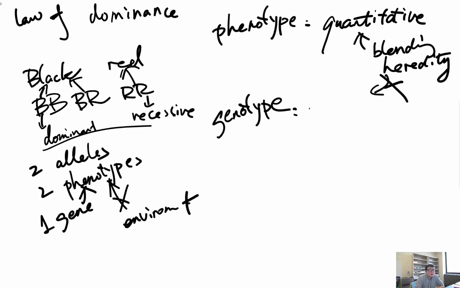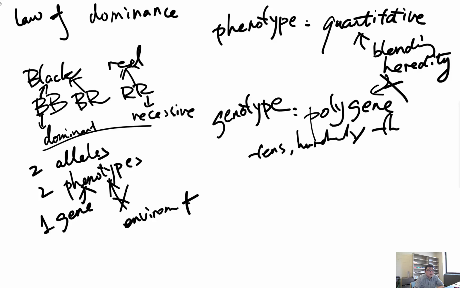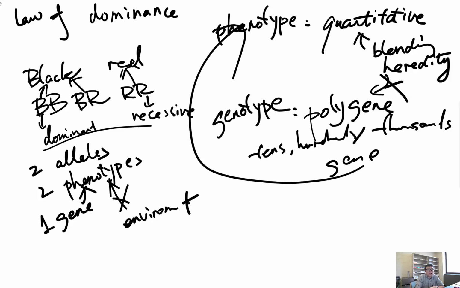That's because these quantitative phenotypes are determined by what we call polygenes. What is that? Tens, hundreds, thousands. Sorry about my handwriting. Thousands of genes determine one phenotype.